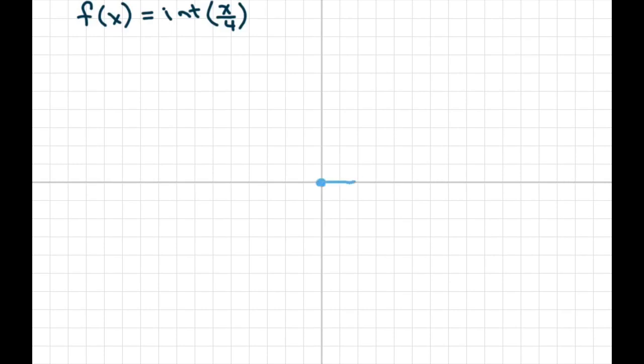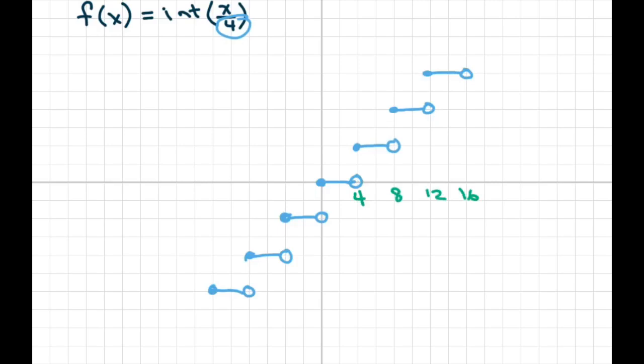You just keep graphing the same thing over and over. And I'll do one more. Bring it down here and copy, because the third quadrant's kind of confusing sometimes. Alright, and since we have a 4 here, we're going by 4. So this is 4, 8, 12, 16.